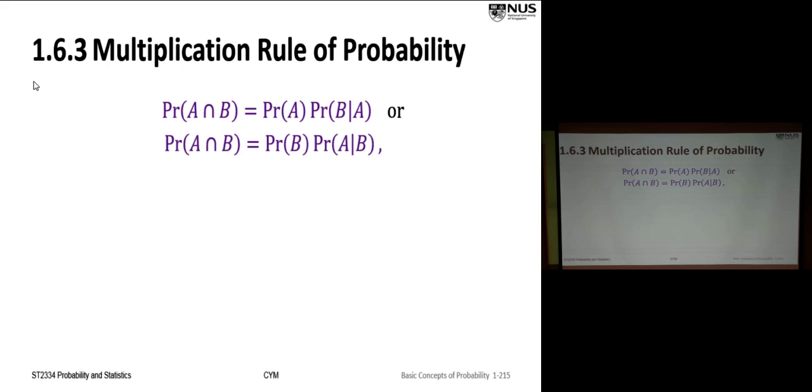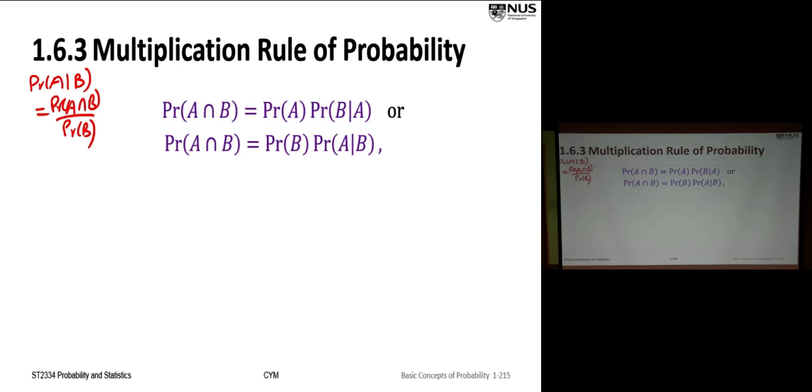We just remember the definition: probability of A given B is A intersect B divided by probability of B. So we multiply both sides so that we have probability of A intersect B equal to probability of A given B times probability of B.